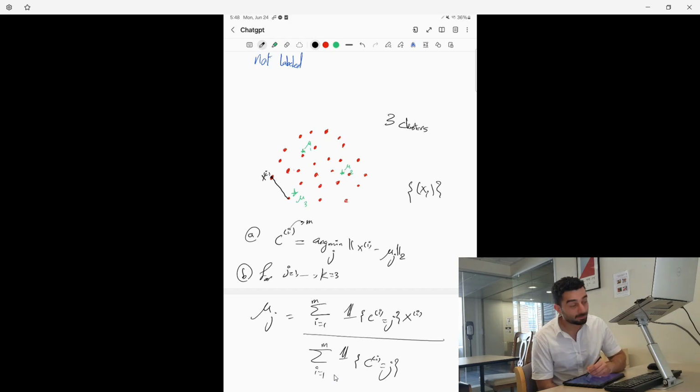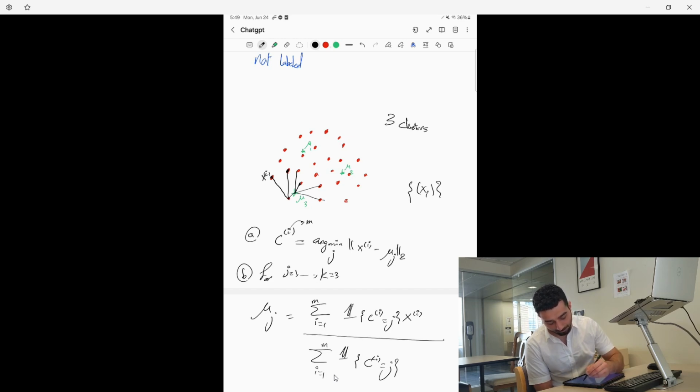To each data point, we ask what centroid is closest. So all of these, for example, belong to this mu3, probably, right?